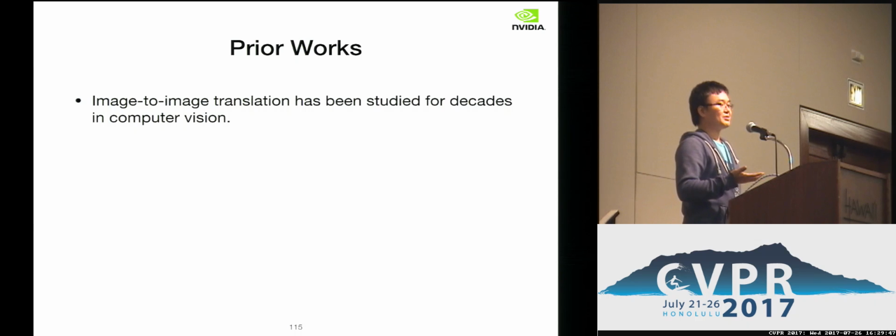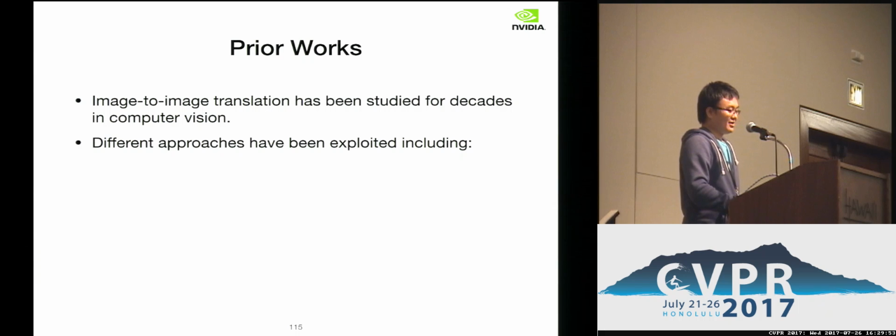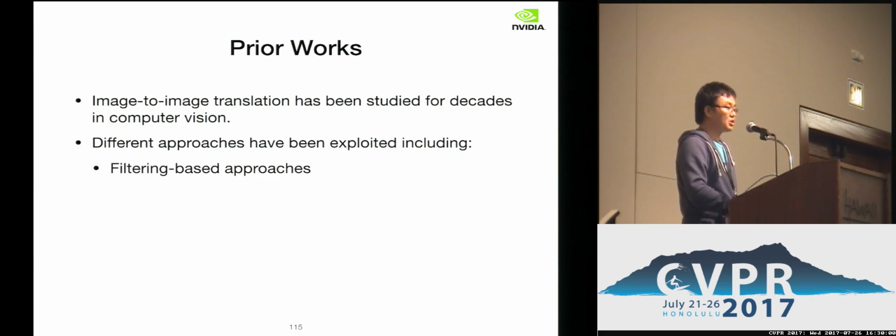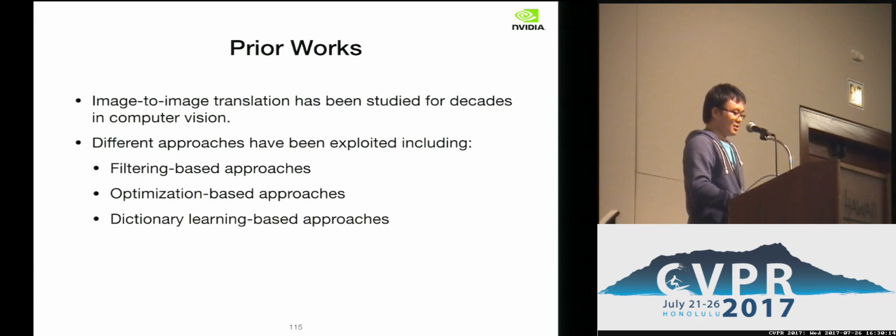This is a very general computer vision problem, so it has been studied for many years, actually many decades. Along the years, different approaches have been explored. In the early days, we used filtering-based approaches, like bilateral filtering. We also did optimization, where you formulate an objective function and minimize it to obtain, say, colorization.